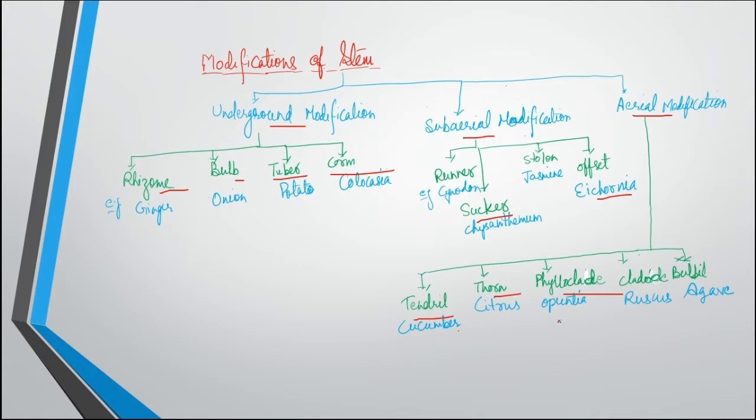This phylloclade is the modified stem which is responsible for photosynthesis in the plant, because the leaves are already modified into spines to minimize the rate of transpiration. Then cladode, bulbil, all of these are different types of modification of a stem performing various activities for the stem.